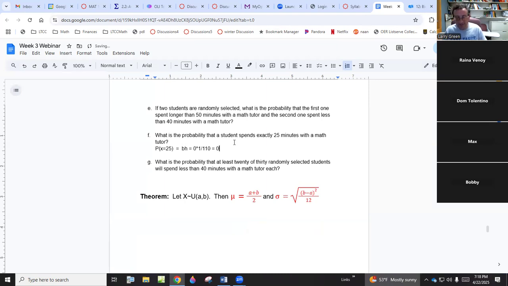Yeah, it's just 0. So the probability that a student spends exactly 25 minutes with the math tutor is 0. Doesn't mean it can't happen, but it means it's not going to happen. Put it that way, to be exactly 25 minutes, because it might be 25.0002 minutes, for example, and that's not exactly 25 minutes. Any questions on that idea?